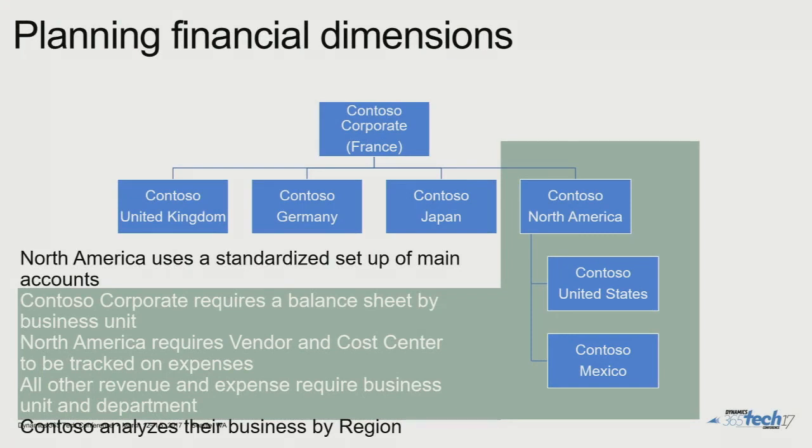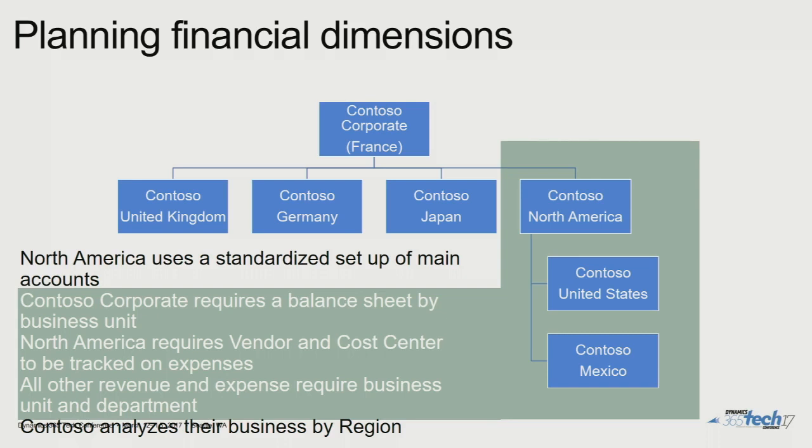Okay. So now we have our, as called out, our business unit that was previously defined. We created a financial dimension for vendor. We already had a pre-existing financial dimension for cost center, and we already had a pre-existing financial dimension for department.